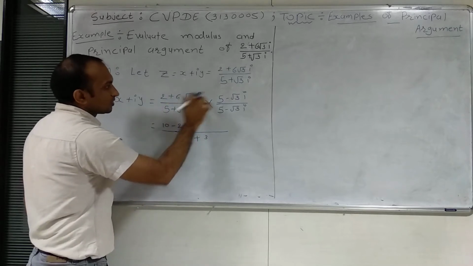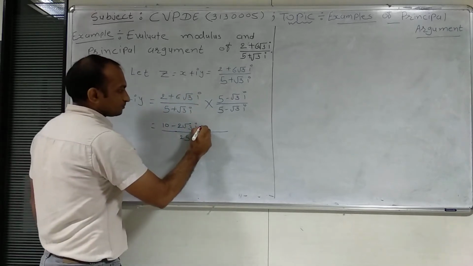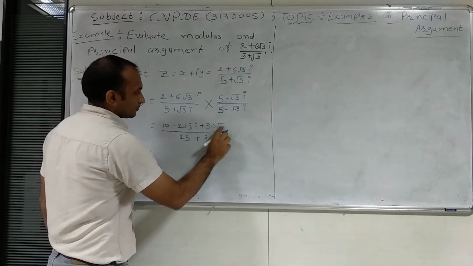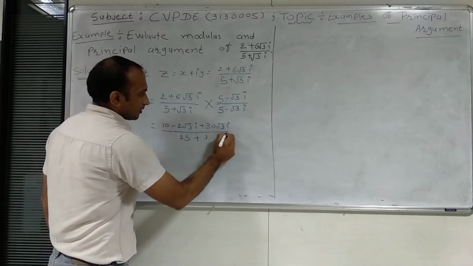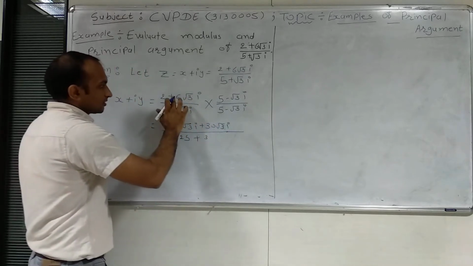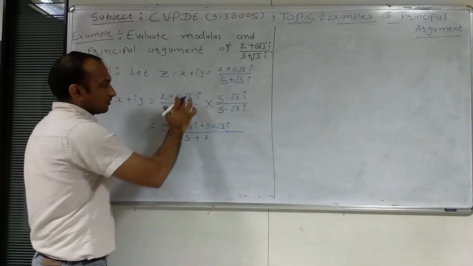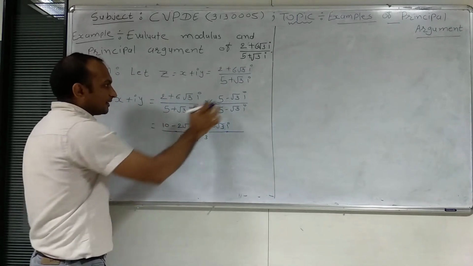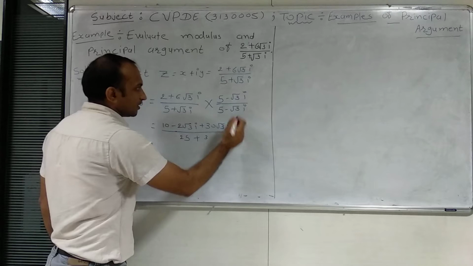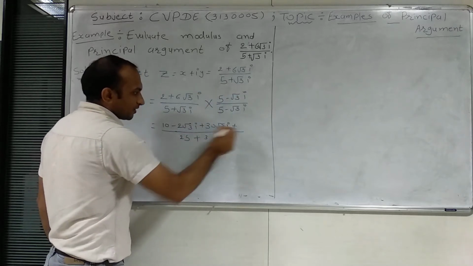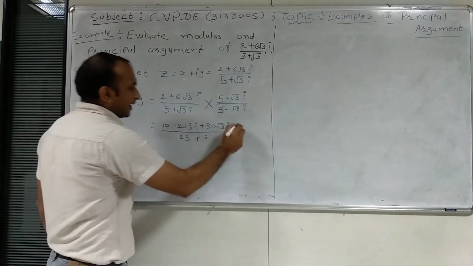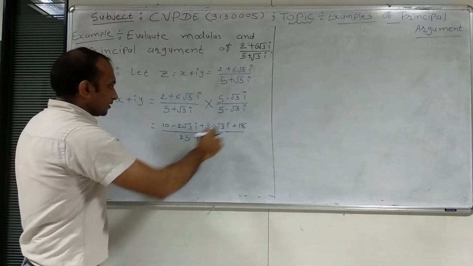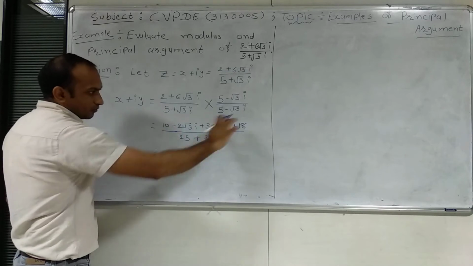Next, 6 root 3 i into 5 is 30 root 3 i, and 6 root 3 i into minus root 3 i: root 3 into root 3 is 3, 3 into 6 is 18, and this plus minus minus, and i into i square gives a plus, so 18 only remains here. So this is the numerator.